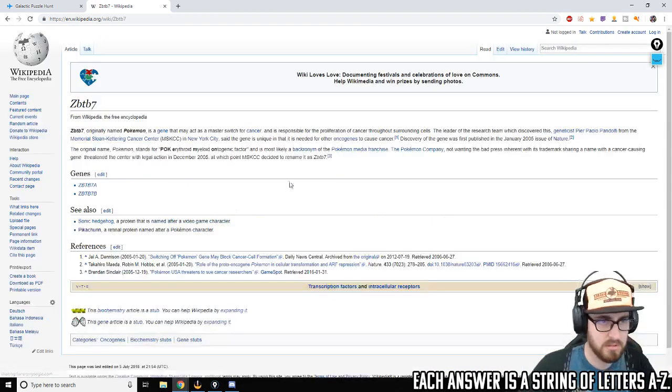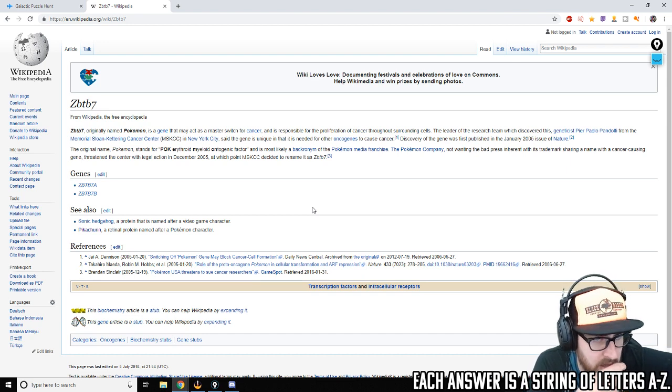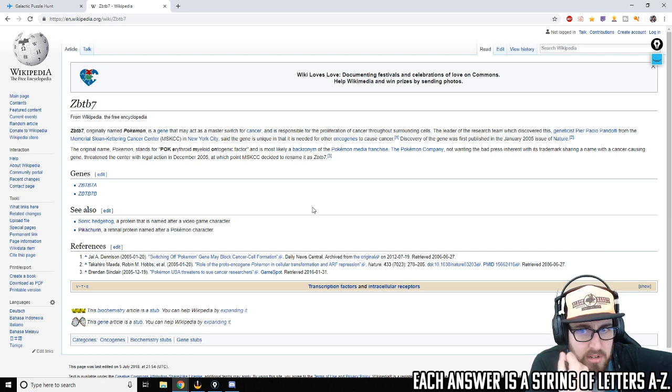What is this? ZBTB7, originally named Pokemon, is a gene that may act as a master switch for cancer and is responsible for the proliferation of cancer throughout surrounding cells. I don't know what we're supposed to do with this. The original name Pokemon stands for erythroid myeloid ontogenic factor.